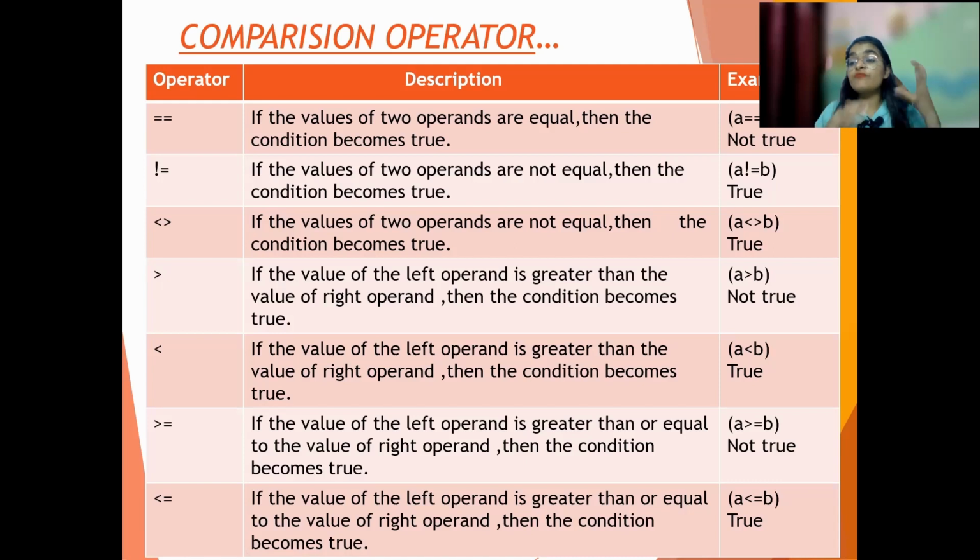If I say that 5 equal to 5, that is absolutely true. But it is not going to change the value of A or B. If the value of A is 5 and the value of B is 5, the comparison operator will not have any effect on the type of values, right? It will not change the value, it will only compare the two values.